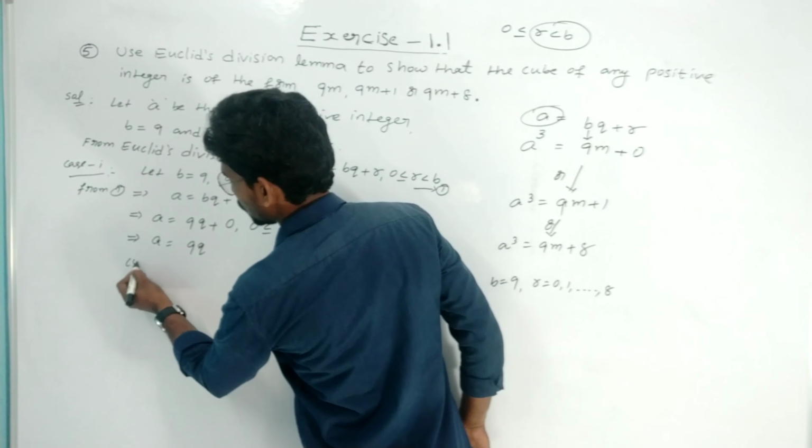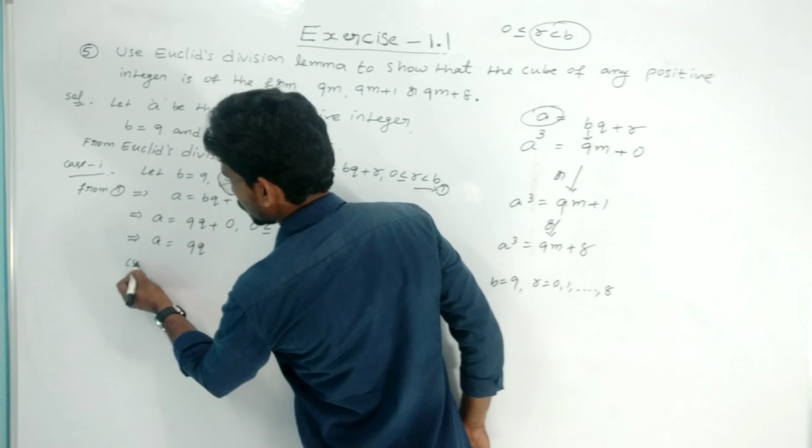That implies a cube is equal to 9q whole cube, where the cube applies to both 9 and q, so 9 cube into q cube. That implies a cube is equal to 9 cube means 9 into 9 into 9, 9 9s are 81, 81 9s are 729 q cube. Where in 729 q cube, 9 is common, so we take 9 as common.